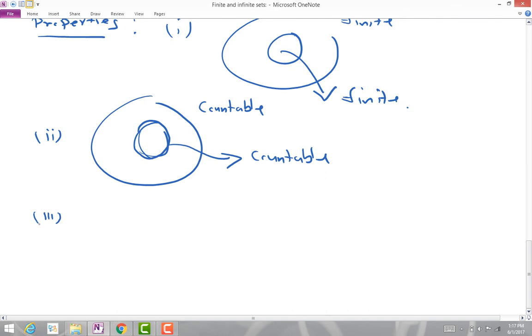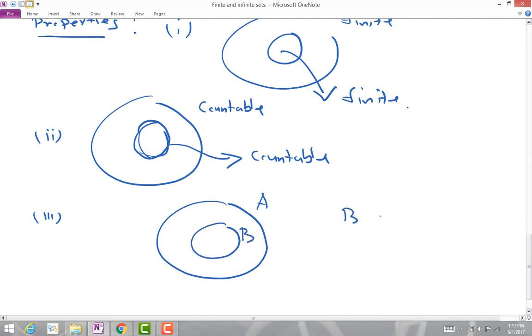Now if you have a set A, and this set contains a set B, and if B is infinite, then this implies that A is also infinite.